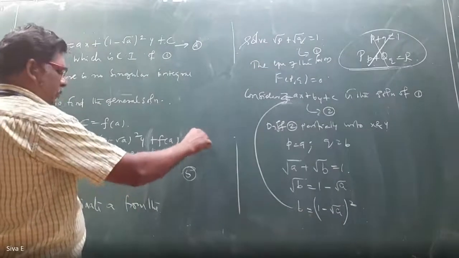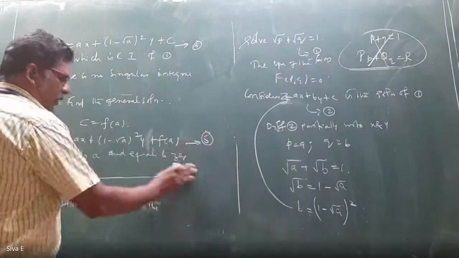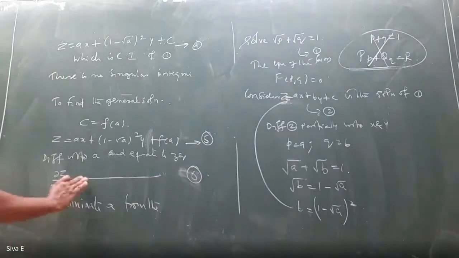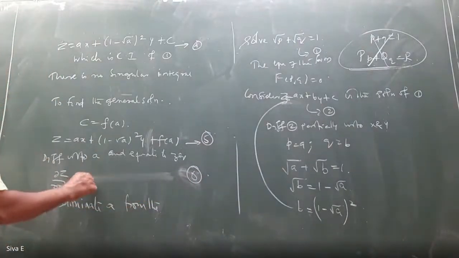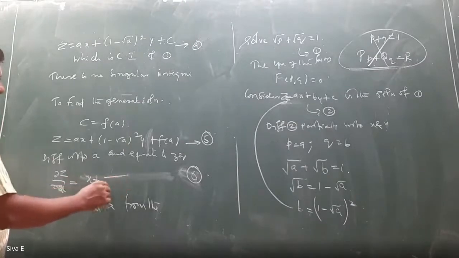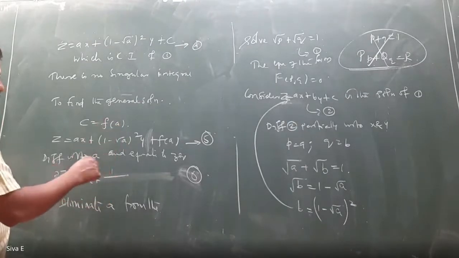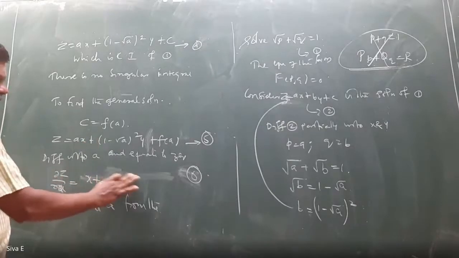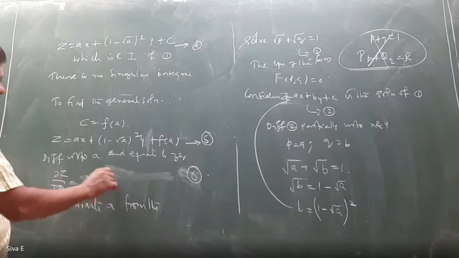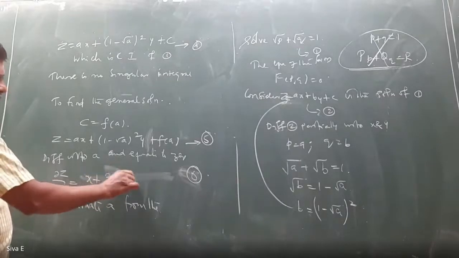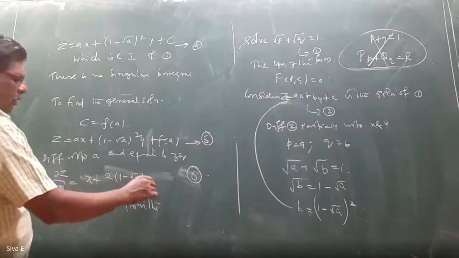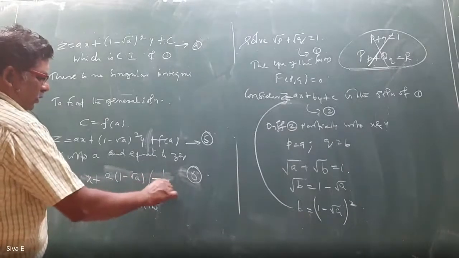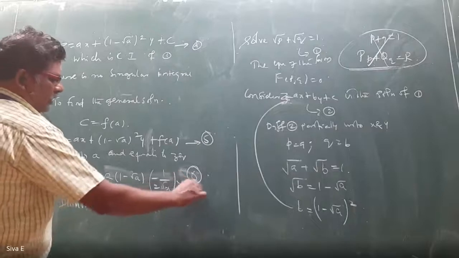So this is equation number 5. Differentiating with respect to a, what you get is x plus, differentiating 1 minus root a whole square, 2 into 1 minus root a into minus 1 by 2 root a, into y plus f dash of a.